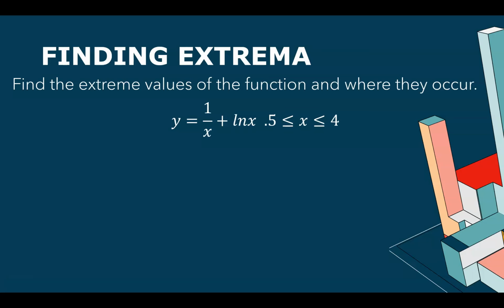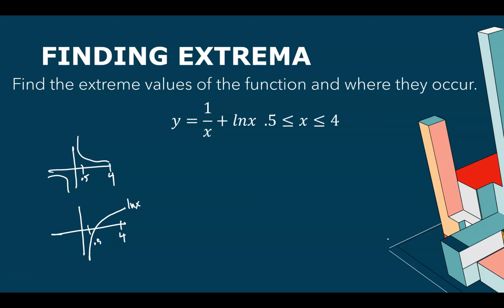Okay, so if we're going to find extreme values of 1 over x plus natural log of x on the closed interval 1/2 to 4, dang, I don't really know what that combined graph looks like. I can kind of figure it out. 1 over x isn't continuous everywhere, but it is continuous on 1/2 to 4. And then natural log of x is continuous on 1/2 to 4.